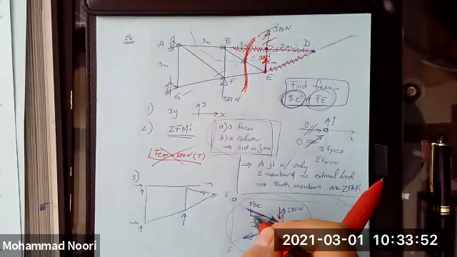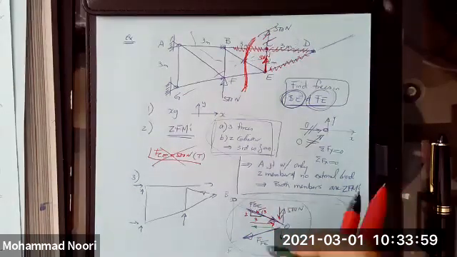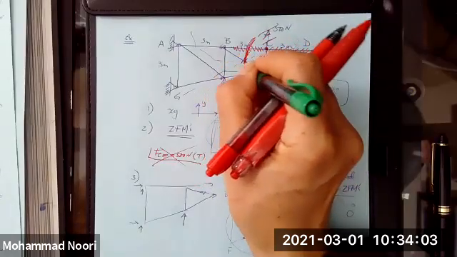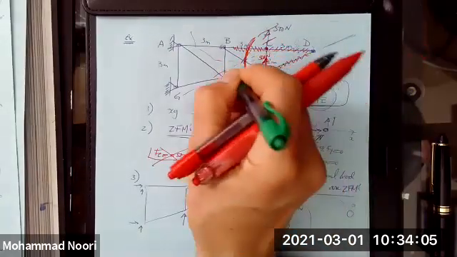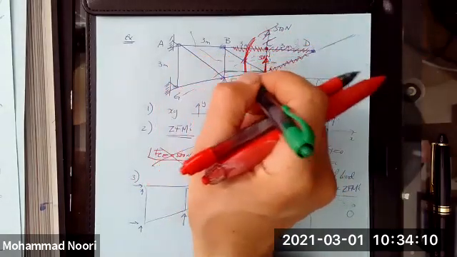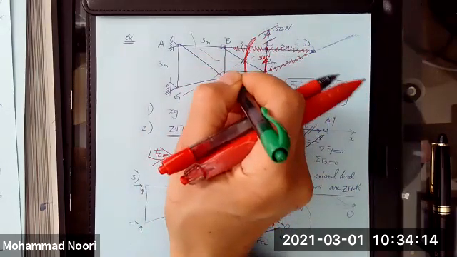Okay, this is 3, this is 2, so this would be square root of 13. How about this one? This is 2, right?